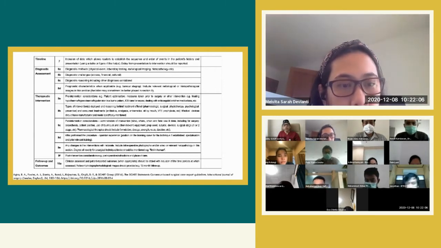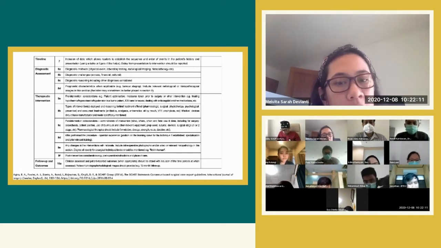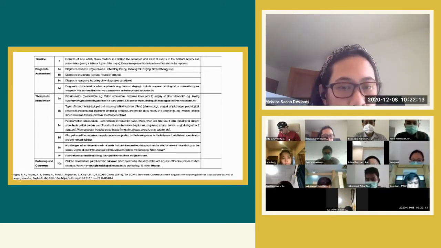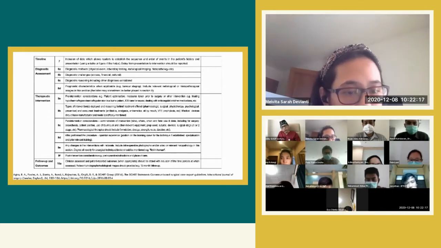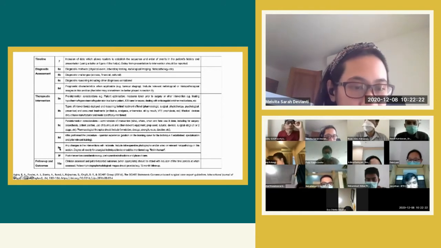And then we also should explain who performed the procedure and the reason behind the procedure. And then we also should evaluate after we give the procedure or management.